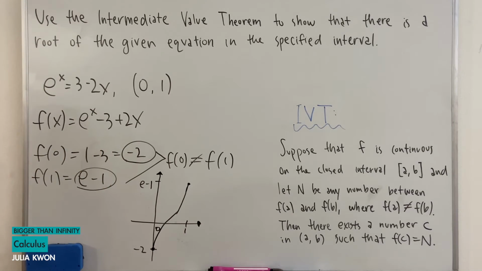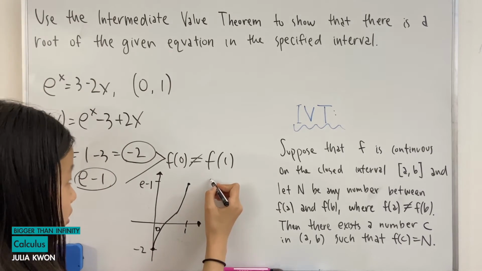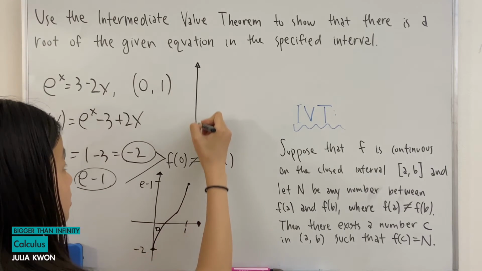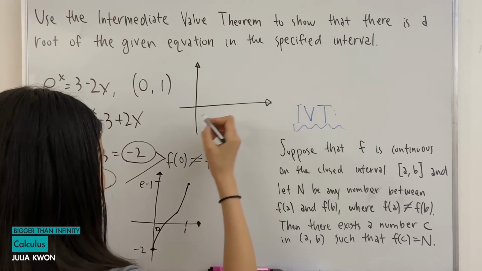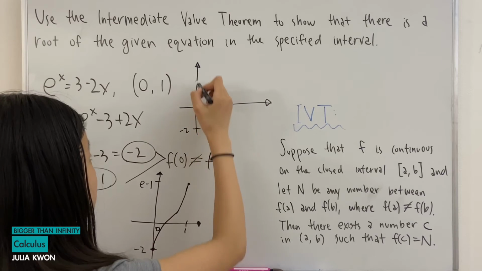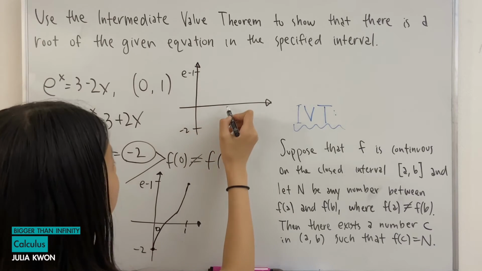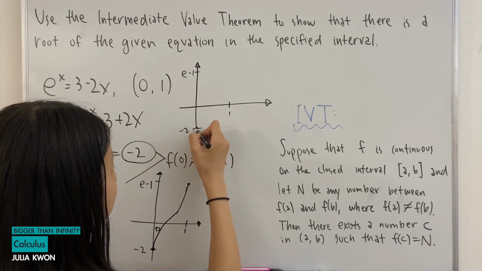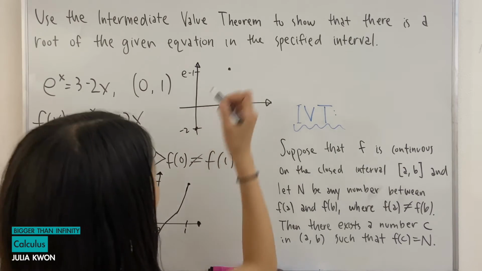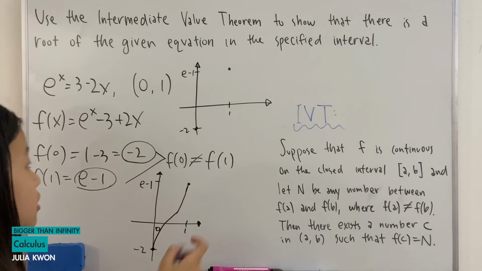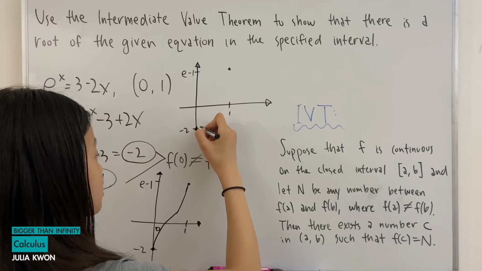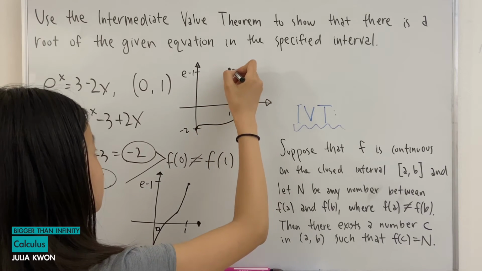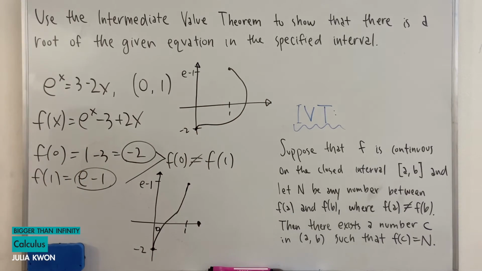And you may ask, why can't it go like this? If we have -2 and e minus 1, here's 1, then why can't the function look like this? I mean, it touches the x-axis once, right?